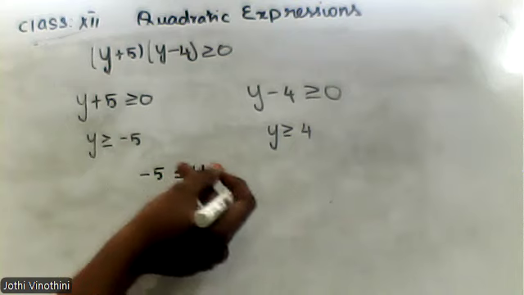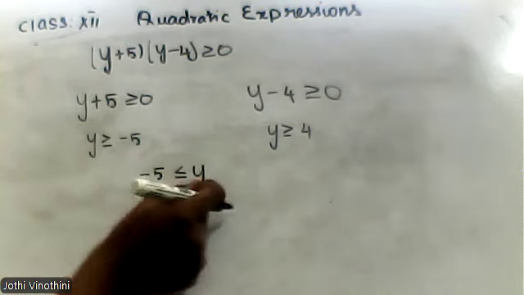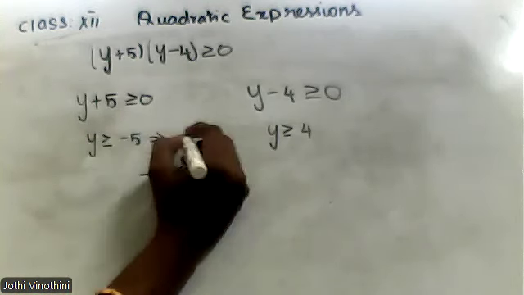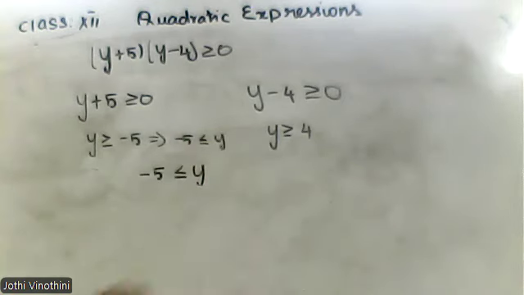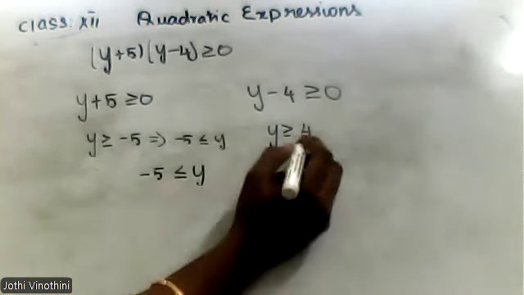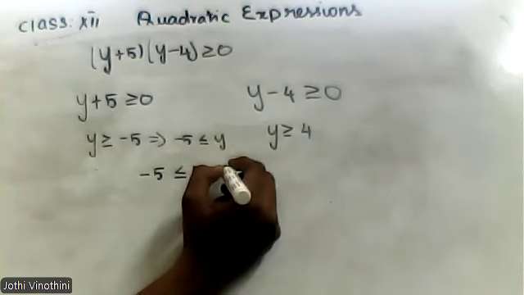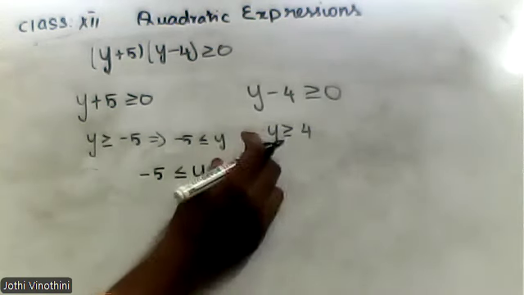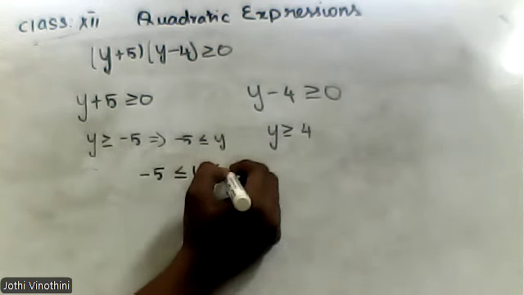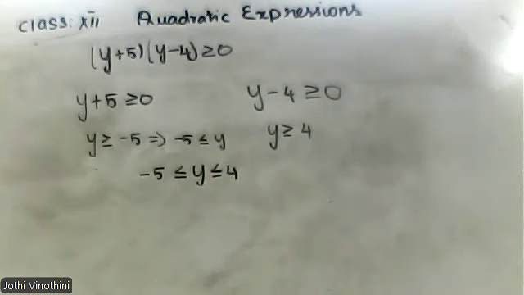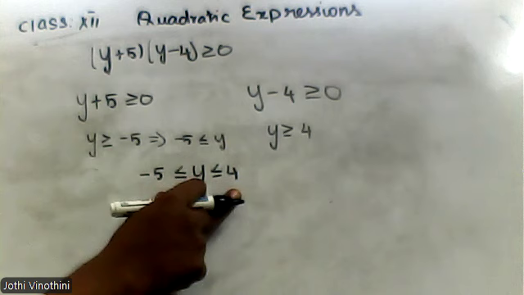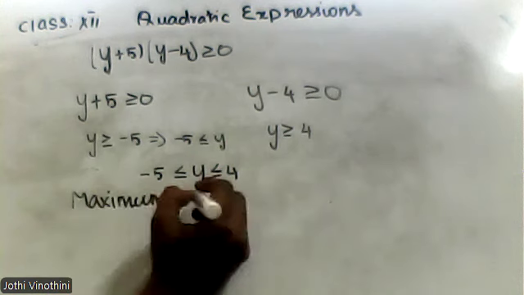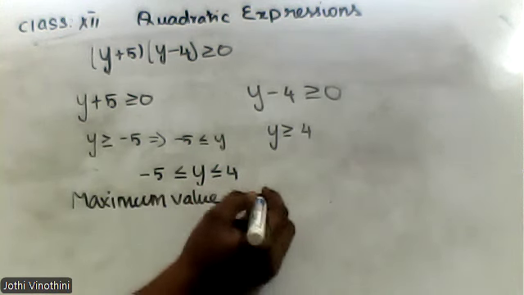I'm just writing this equation, so we can write this equation as y less than or equal to 4. So this is the minimum and the maximum value. We have to find the minimum and the maximum value. So what is the maximum value? 4, right?